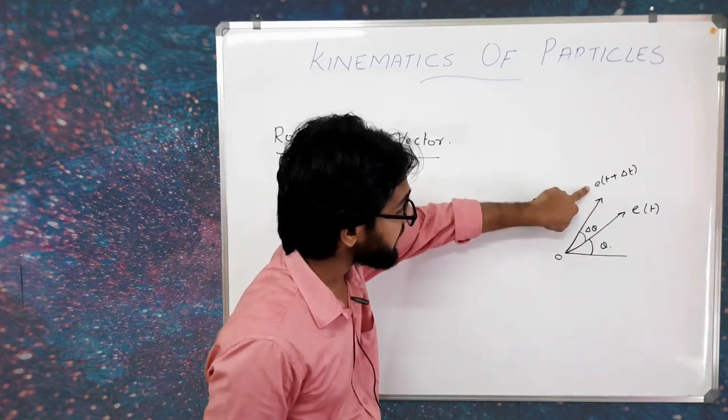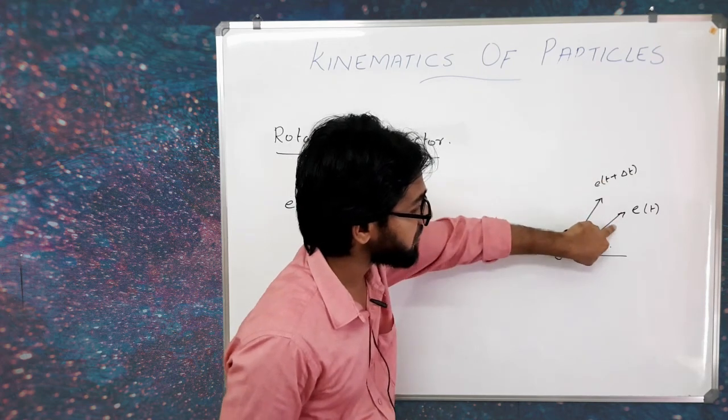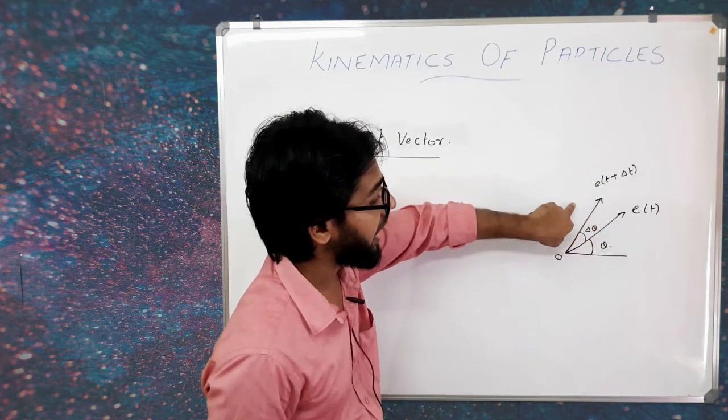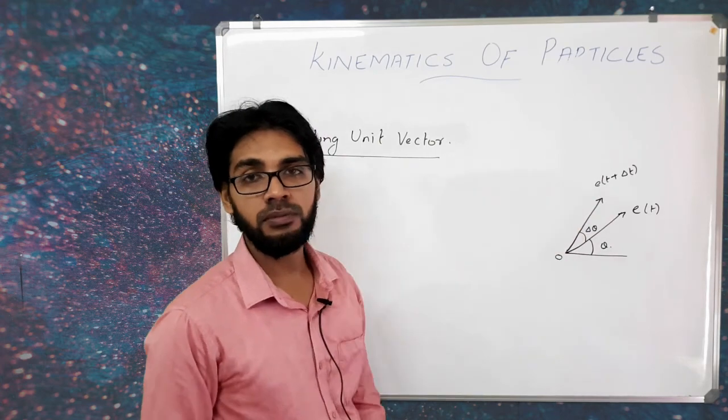So both these vectors, E(t + Δt) and E(t), have the same magnitude.